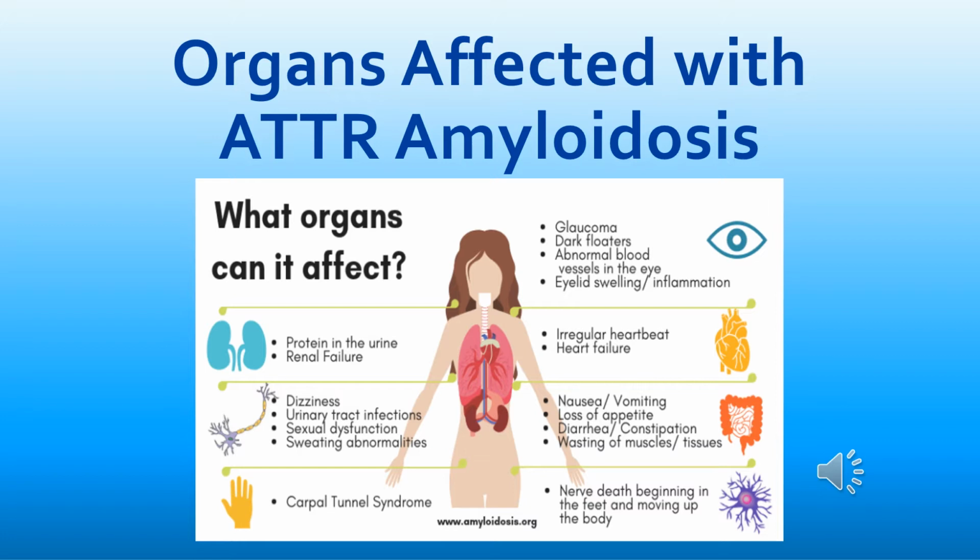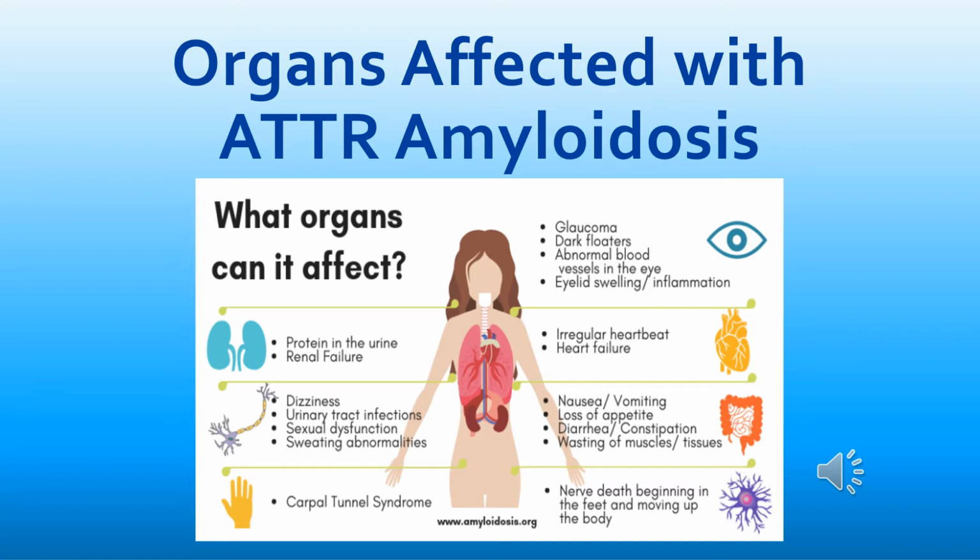Sexual dysfunction. If a man is complaining that he has erectile dysfunction, this can be one of the problems. If people are sweating abnormally when they shouldn't be, if it's cold outside and they're working up a sweat, this might be a nervous system issue. Carpal tunnel syndrome they have listed there.